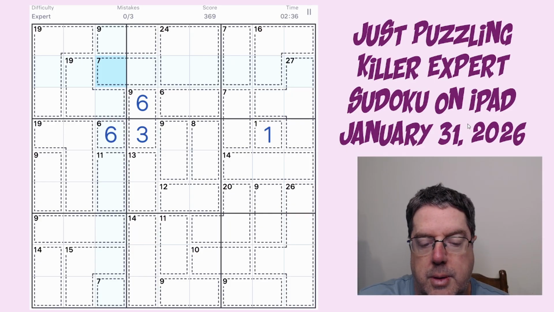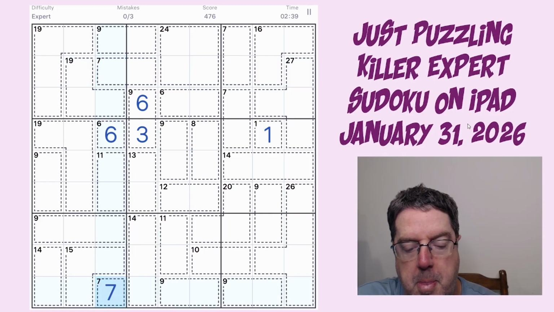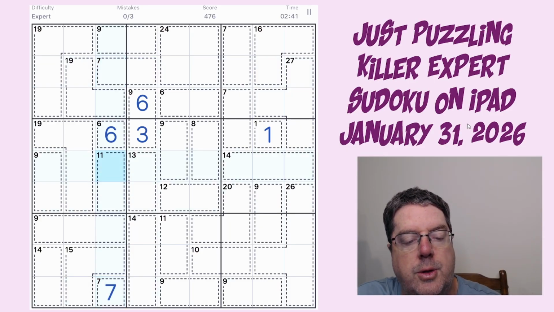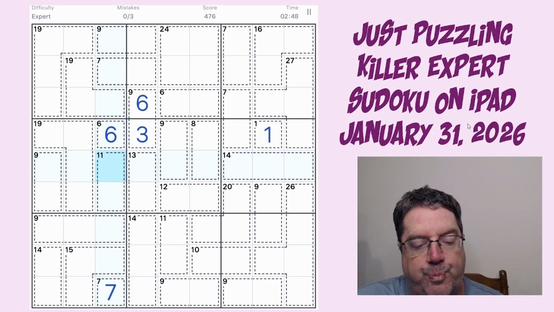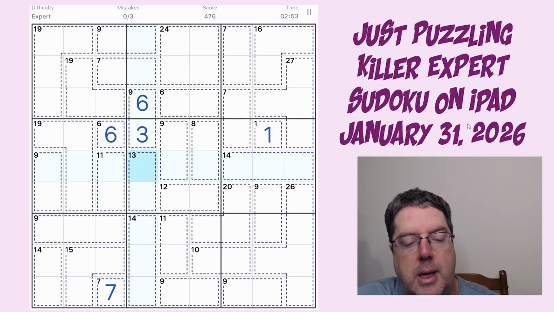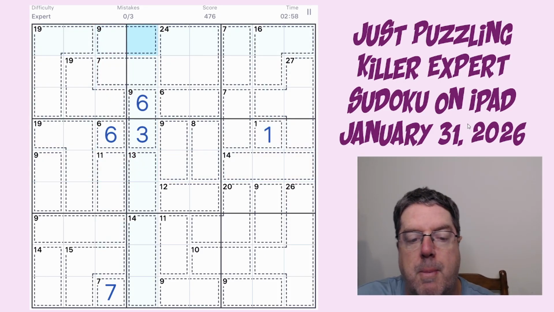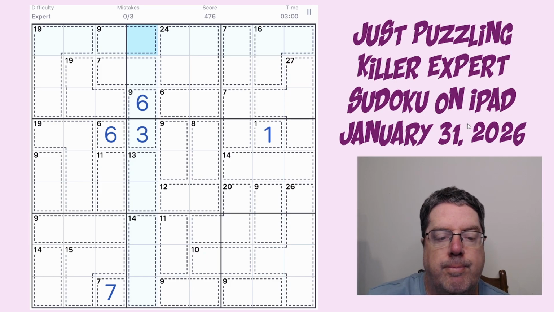Okay, so there's a 7 there. Right, so this 11 can't be 6 and 5, it can't be 7 and 4, so it's either going to be 2 and 9 or 3 and 8. 14. So if I add up 14 plus 13 is 27, 36. Oh, that's 9, so I should have known that anyway. 1's there.